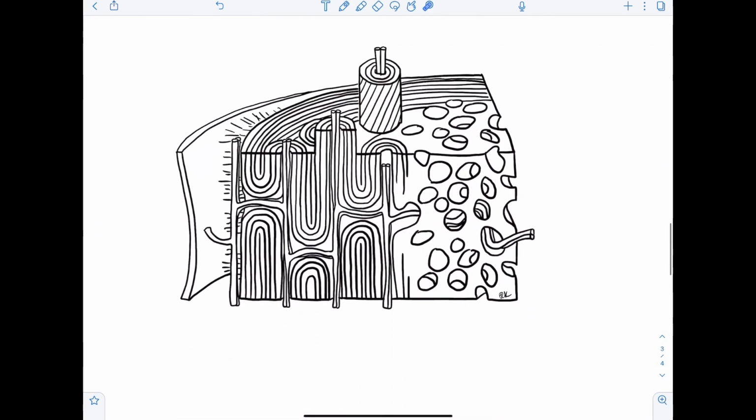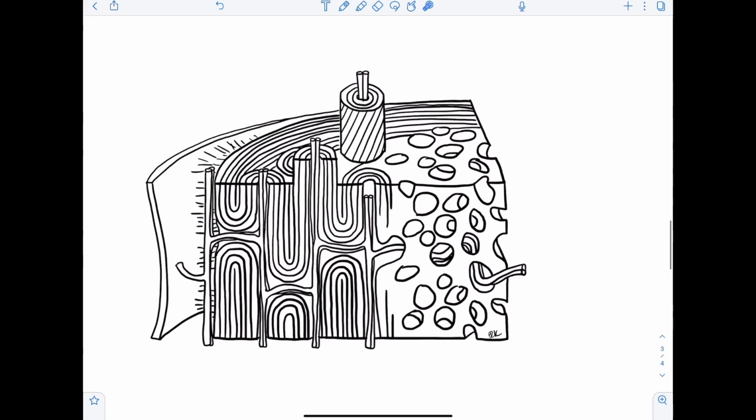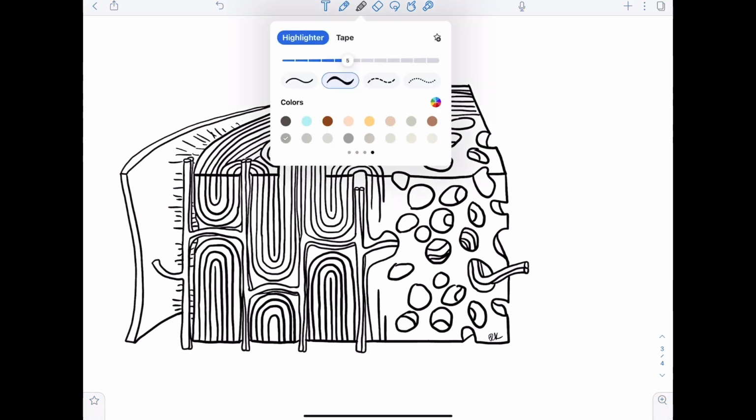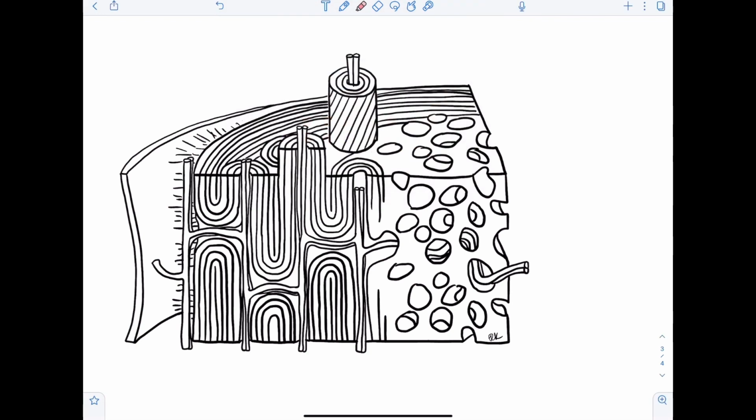Now, if we were to look a little closer at a drawing like this, in your take-home assignment you will see that this is a picture found in that take-home assignment. And if we look here, we can find a few different features. So first, let's identify where we see an osteon. Right here, this whole thing that's sticking up, this is one osteon, okay?